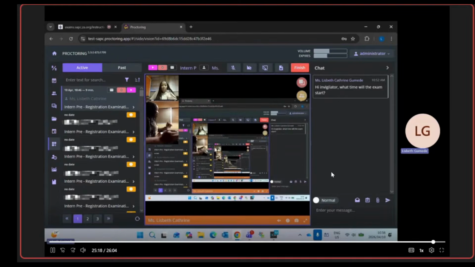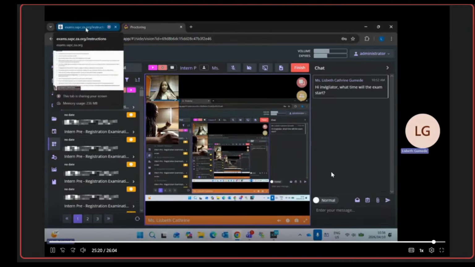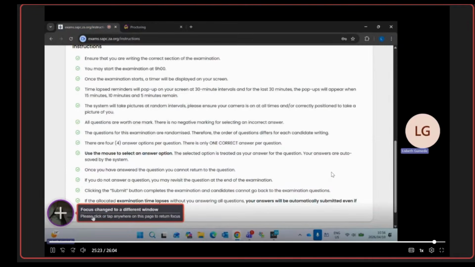So you are allowed to go to different tabs. However, you must know that it will tell you that your focus has changed to a different window. This is fine if what you are doing is allowed because you are aware that they are able to see what you're doing. However, this is also to notify your invigilator to say the intern is no longer on the exam page, they are looking at something else.